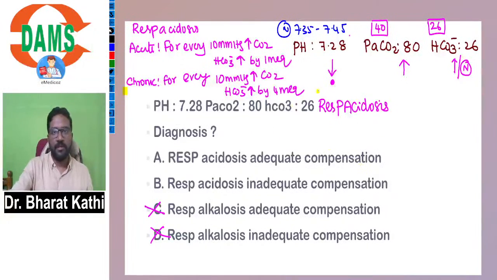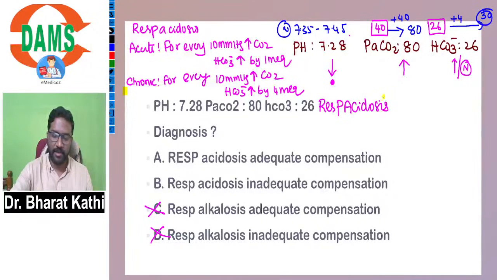Here, if you apply this rule, considering this as acute, CO2 has increased from 40 to 80, by 40. So for 10 it is 1. To call it adequate compensation, if you take 26 as normal or 24 as normal, and add 4, it must have been at least 30.